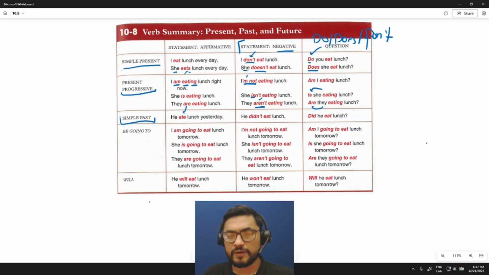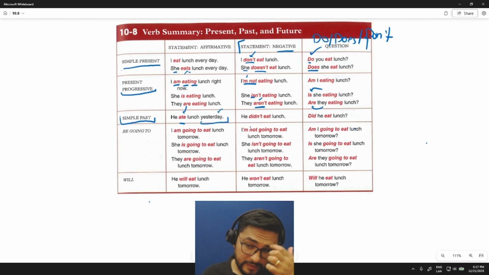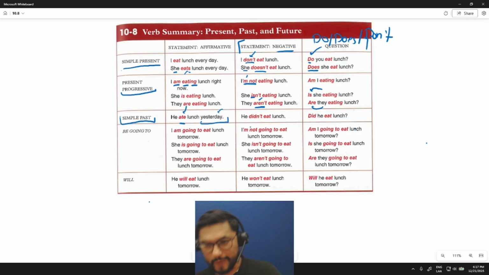Some of the verbs are irregular. He ate lunch yesterday. We also said that we can use different words to help us identify or pinpoint when in the past. Maybe it was in the past 5 minutes ago. Maybe it was in the past yesterday. Maybe it's in the past 10 years ago.